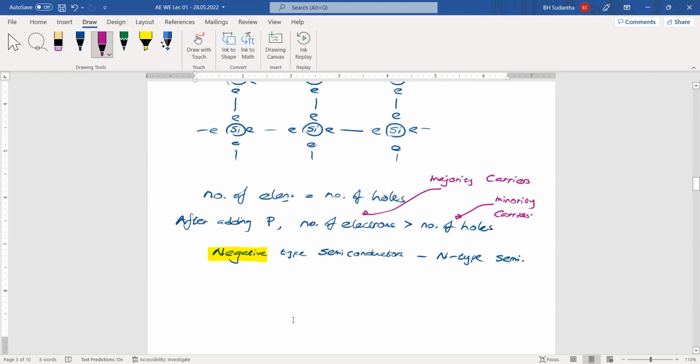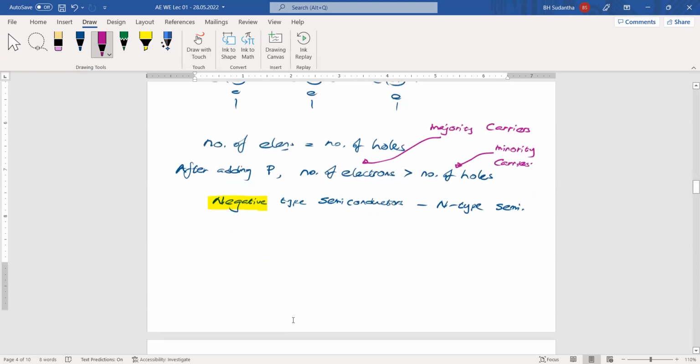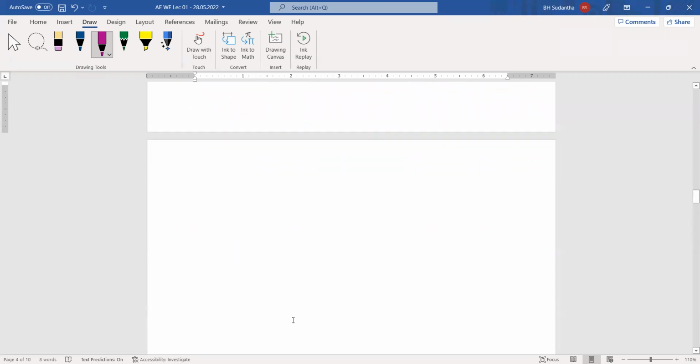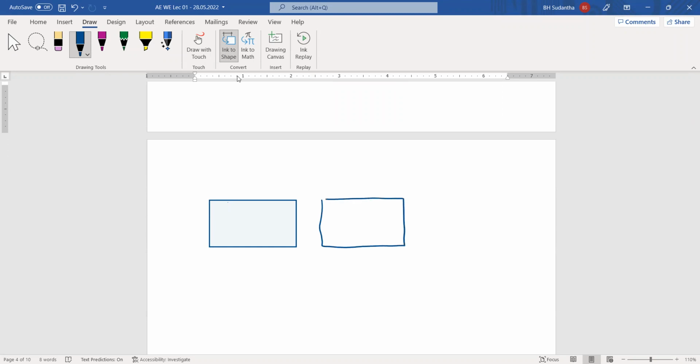Is it okay? Okay, if you're okay with this one, now we have this type of structure, and if we say this is P type, you know that majority carriers are holes.